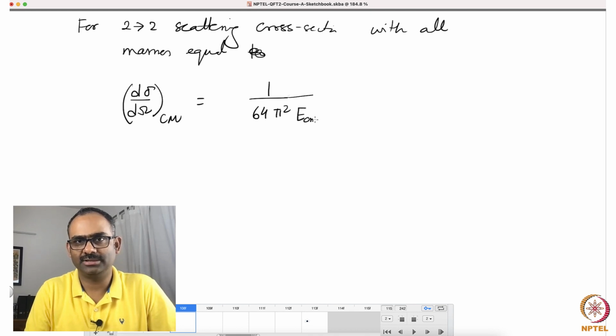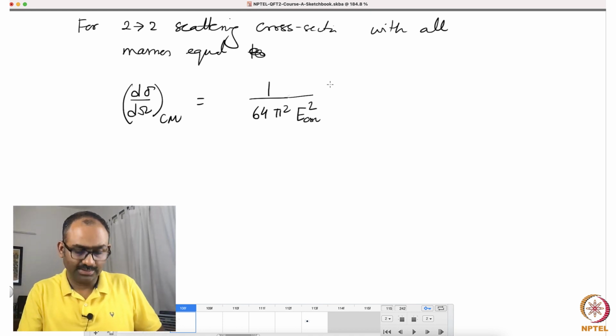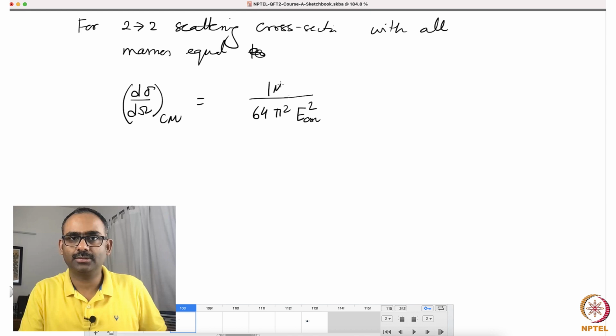I'll just write ECM instead of omega, it's easier to remember, times matrix element square.